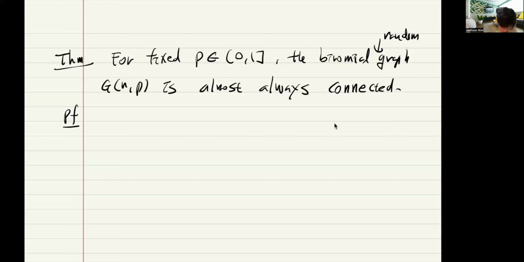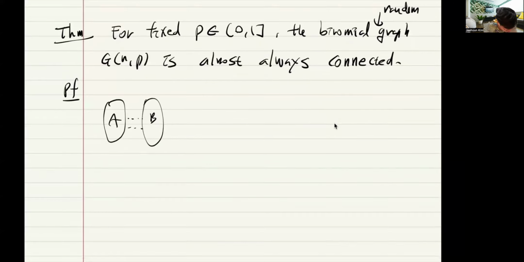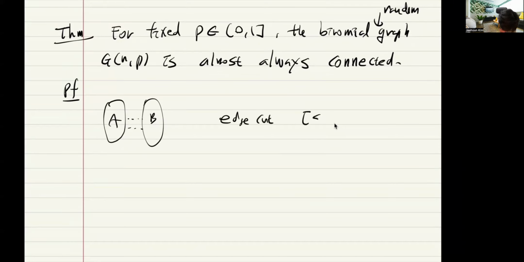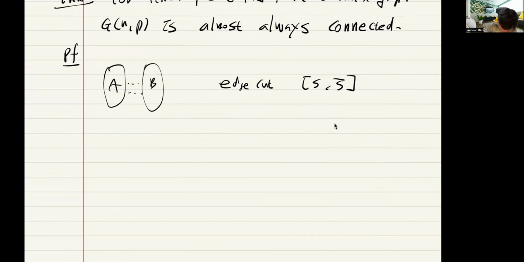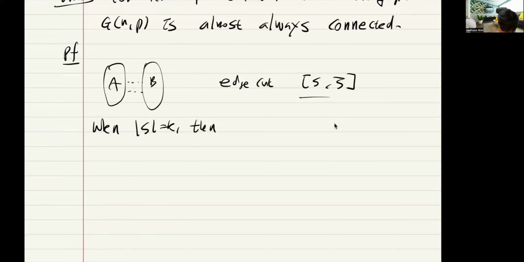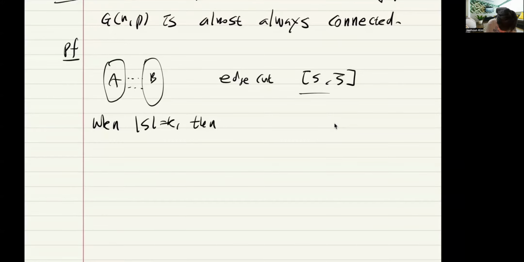So what's the easiest thing to consider? When does this G become disconnected? If there are two vertices and there are no edges between them, then this is disconnected. So we also have to consider this edge cut, say S and S complement. And how many choices are there? When this S has size k, the number of possible edges between them is k times n minus k.